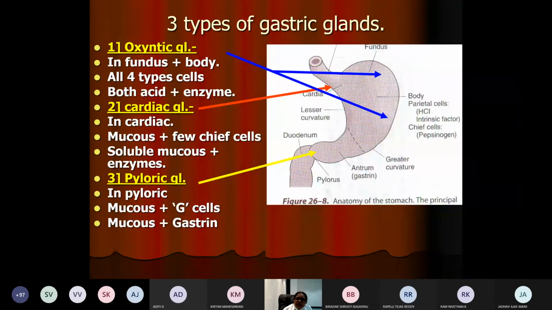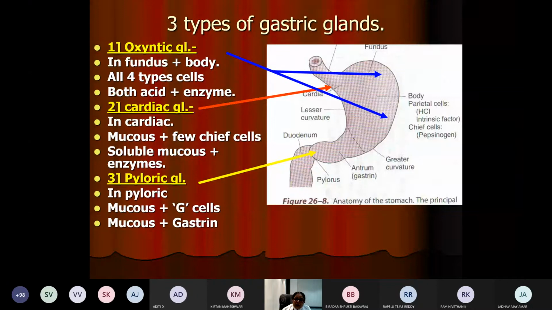So there are 3 types of gastric glands. Number 1, oxyntic gland in fundus plus body. All 4 types of cells, both acid plus enzymes.